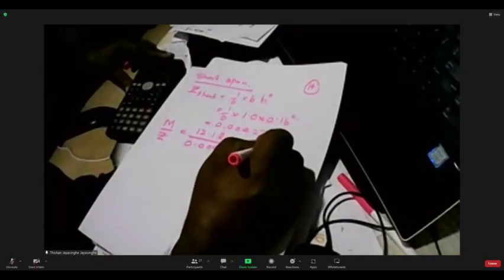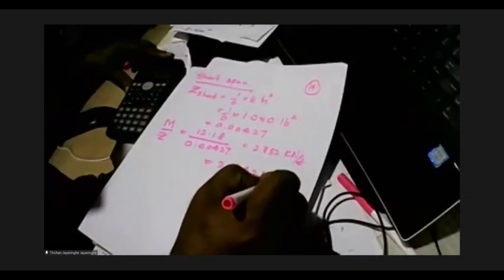In the long span direction also it is the same. Then when you calculate M over Z for the short span direction, M is 12.18 divided by 0.00427, and that gives 2852 kilonewtons per meter squared, or 2.852 newtons per millimeter squared.